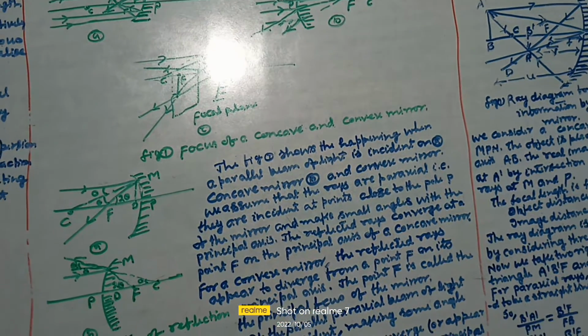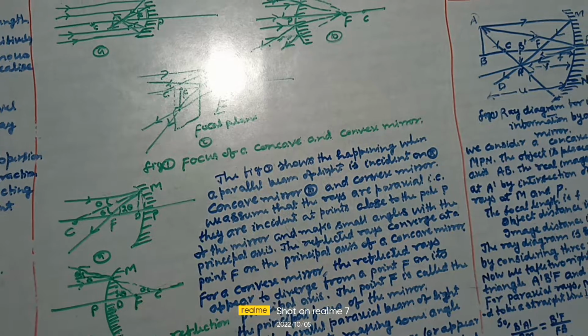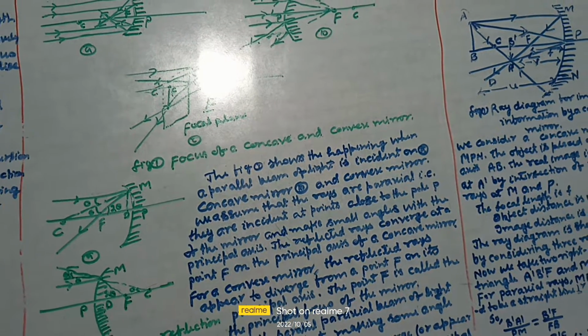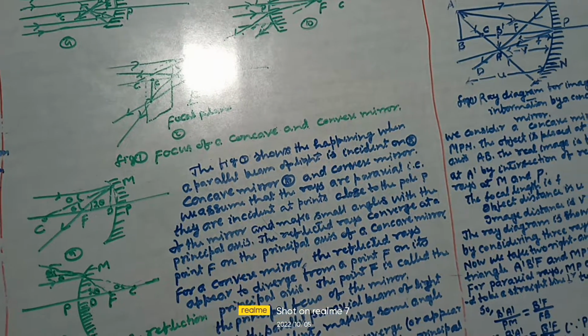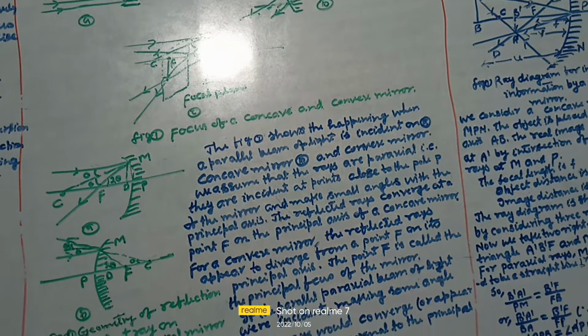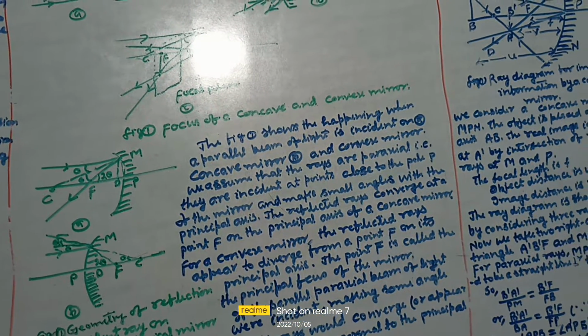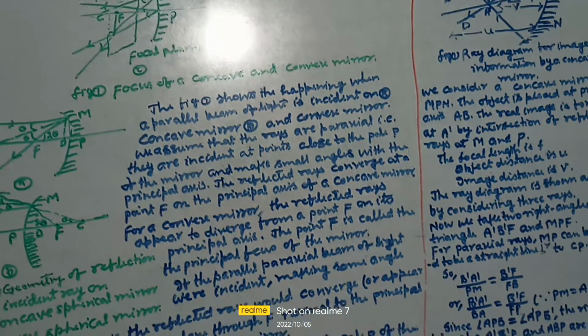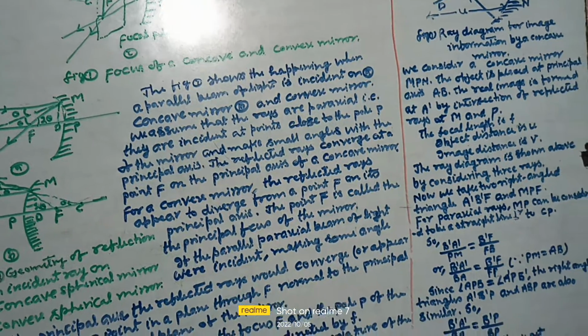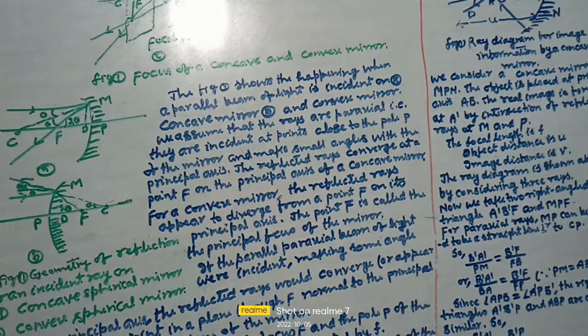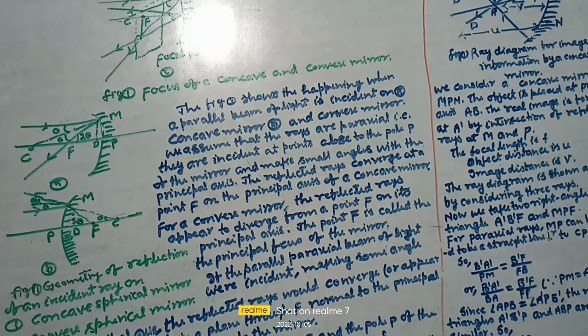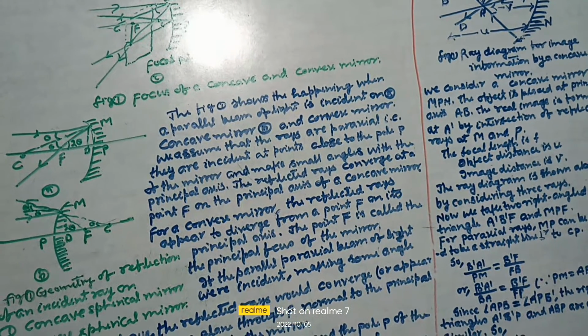Figure 1 shows what happens when a parallel beam of light is incident on a concave mirror A and convex mirror B. We assume that the rays are paraxial. They are incident at points close to the pole P of the mirror and make small angles with the principal axis.